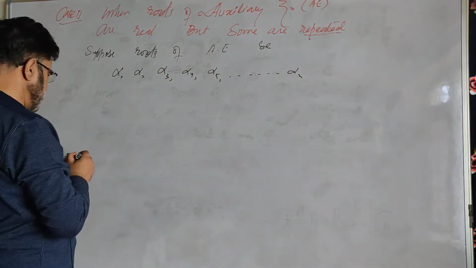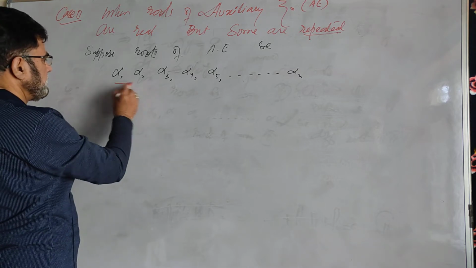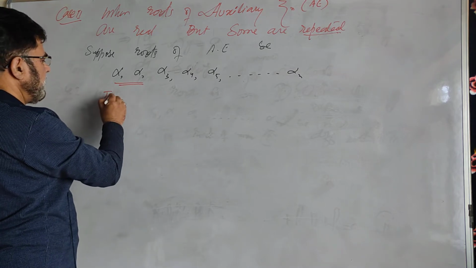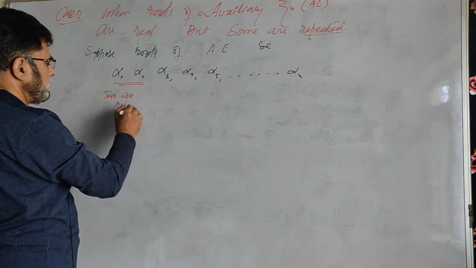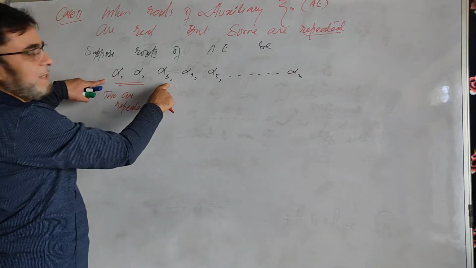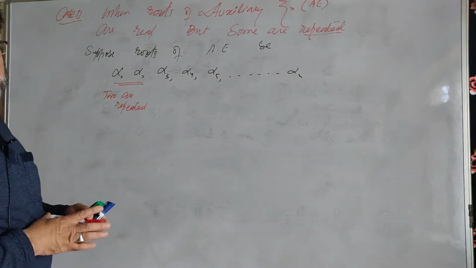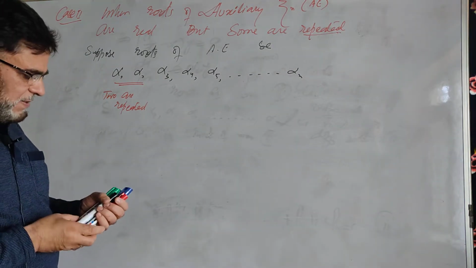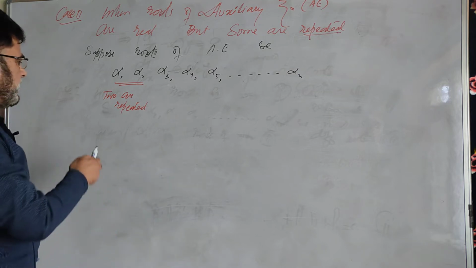That means I take 2 repeated here, when two are repeated. Then you have 1, 2, 3. Okay, then you have n roots, 2 repeated.